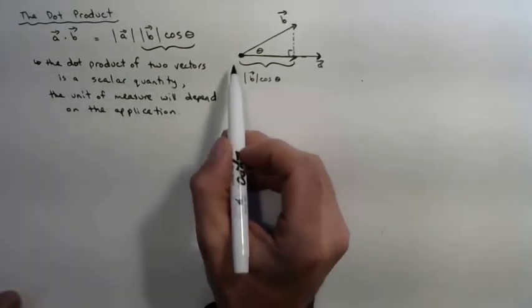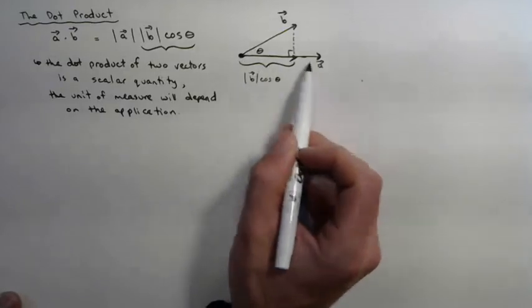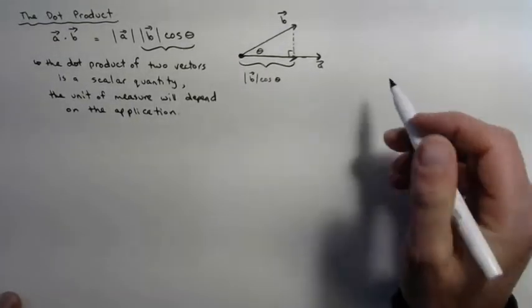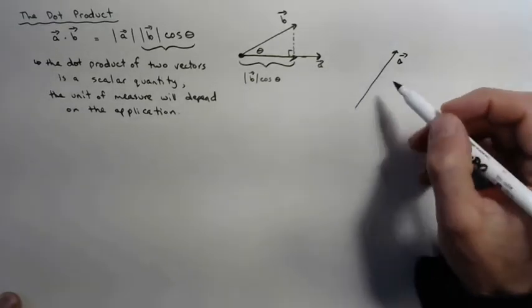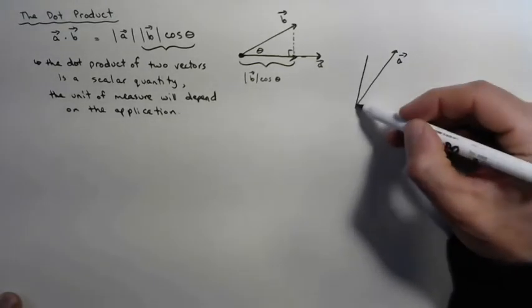And again, this diagram I drew with A being the horizontal, but A can be at any direction. Okay.